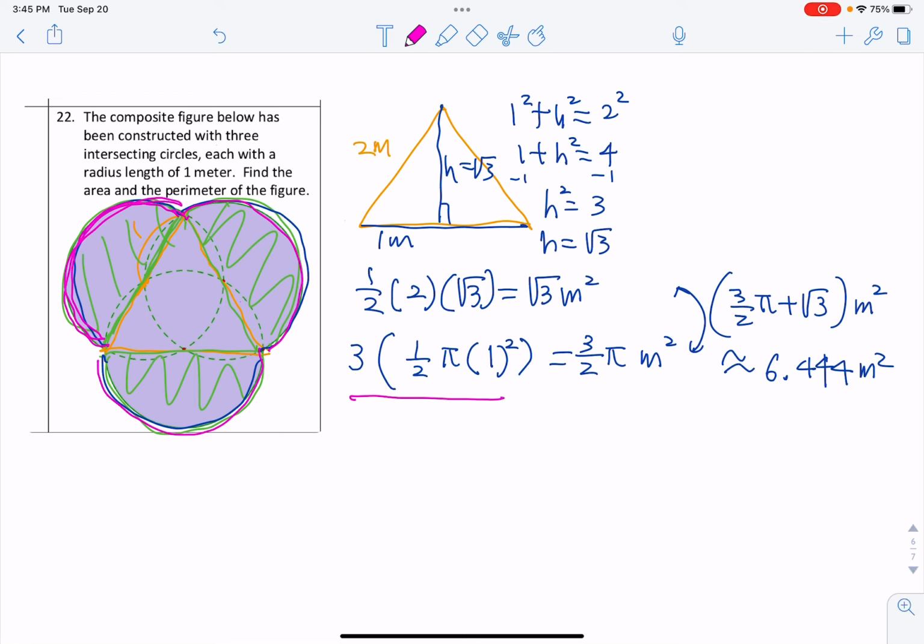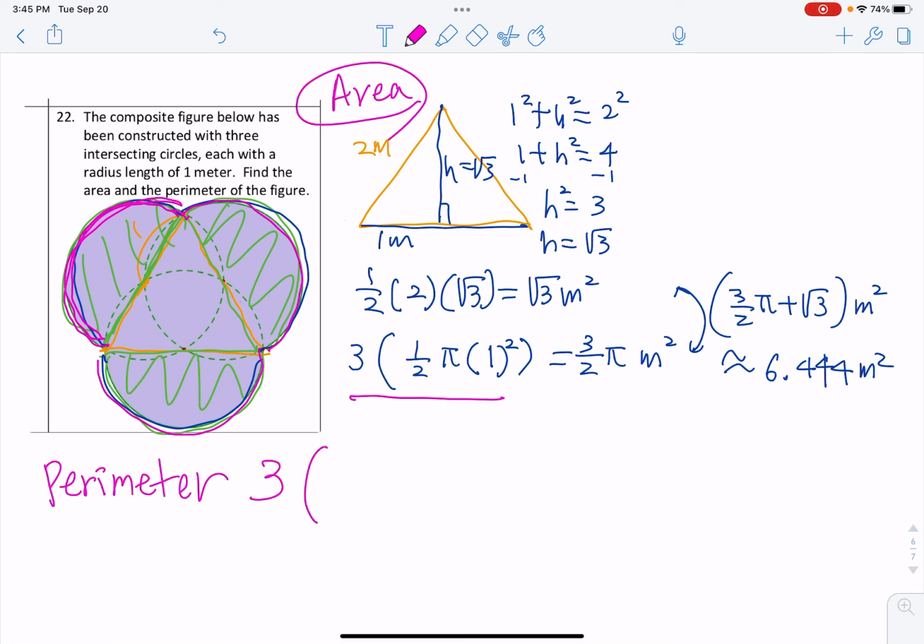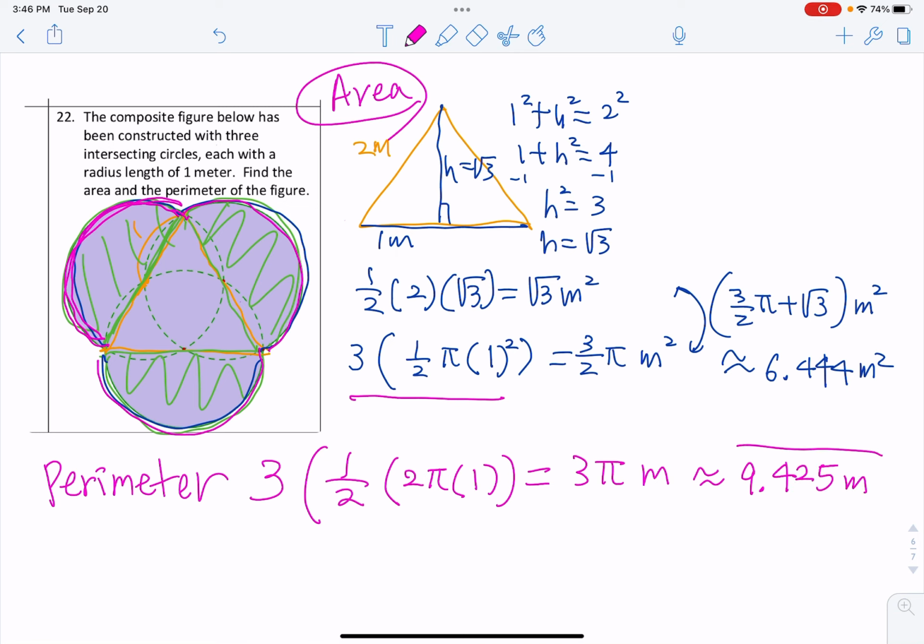This is the area, and then the perimeter will be 3 of half of the circumference, which is 2 pi r, with radius 1. That will give you 3 pi meters, and then approximately 9.425 meters will be the circumference.